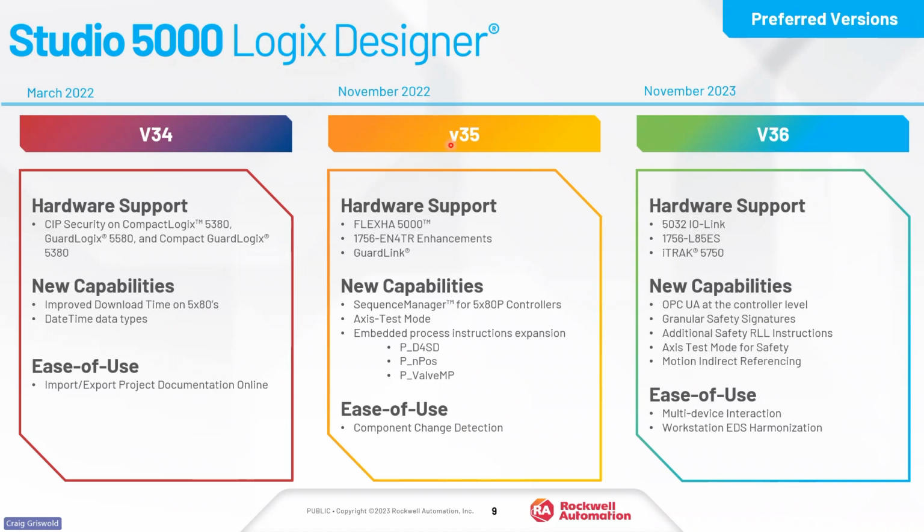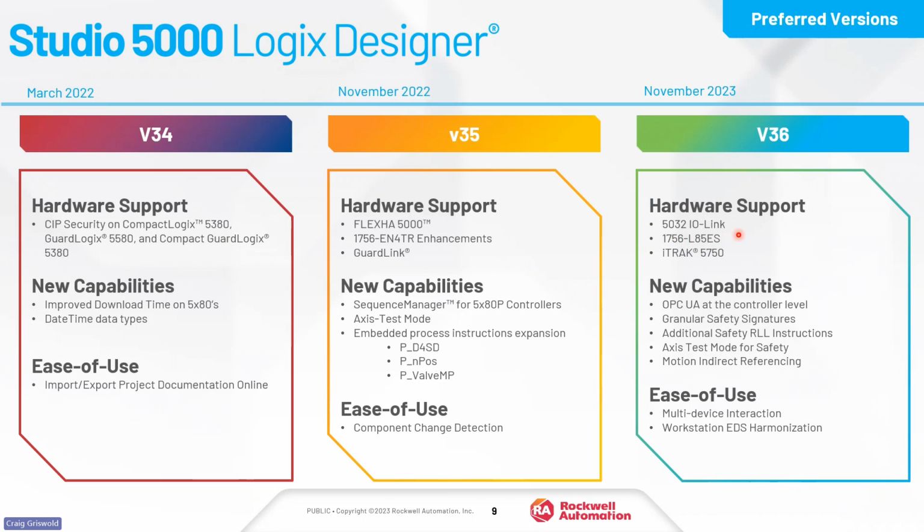A year and a half ago or so, version 35 released our new redundant I/O, the Flex HA 5000 platform, as well as GuardLink, access test mode, and some additional instructions. And finally version 36, which went out for release in mid-November last year.